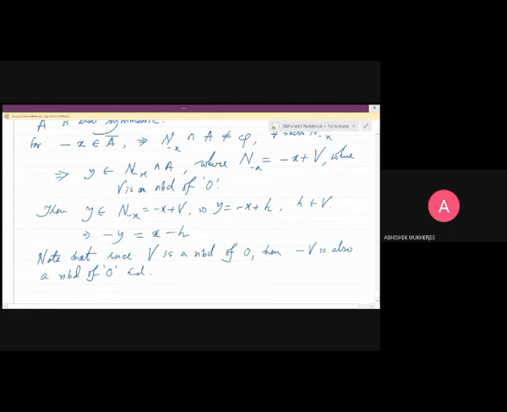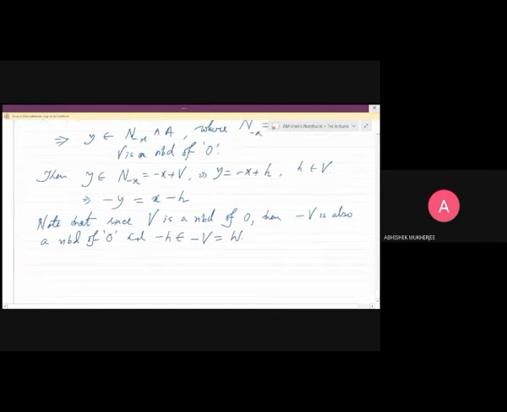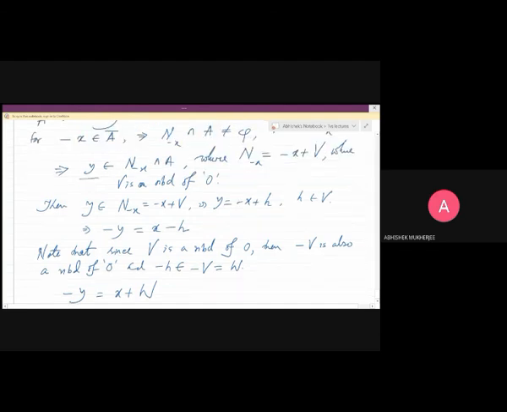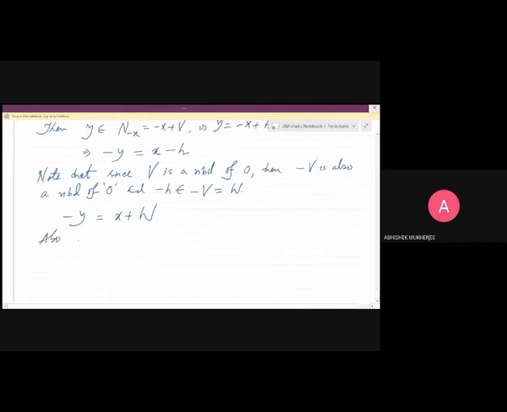And so minus h belongs to minus V, which will be written as W. So that means minus y is equal to x plus W. Now again you see that y belongs to A implies minus y belongs to A, as A is symmetric.